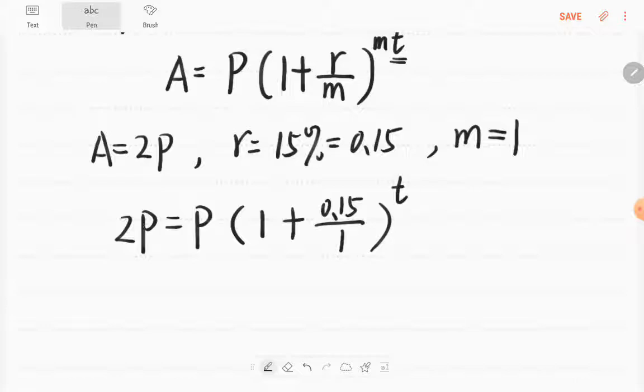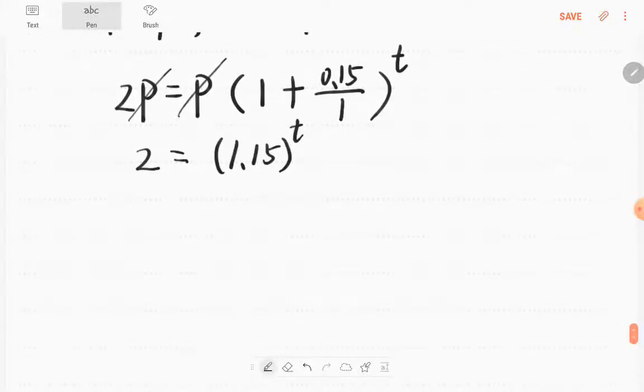If we simplify, dividing P by P on both sides, you have 2 equals 1.15 to the t. How to solve for t, right? This is the exponential form. We can just take the natural log on both sides.